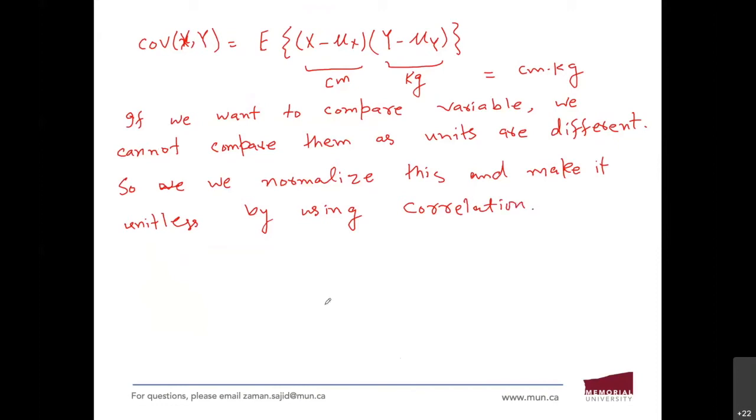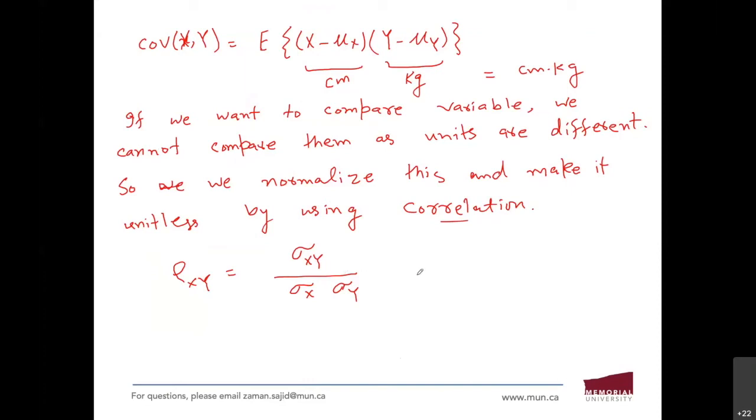Now the correlation is denoted as rho of x and y, and its formula is sigma of x y over sigma of x times sigma of y. Now if you see here in the correlation, we have the same quantities in the numerator and denominator which cancel out their units.